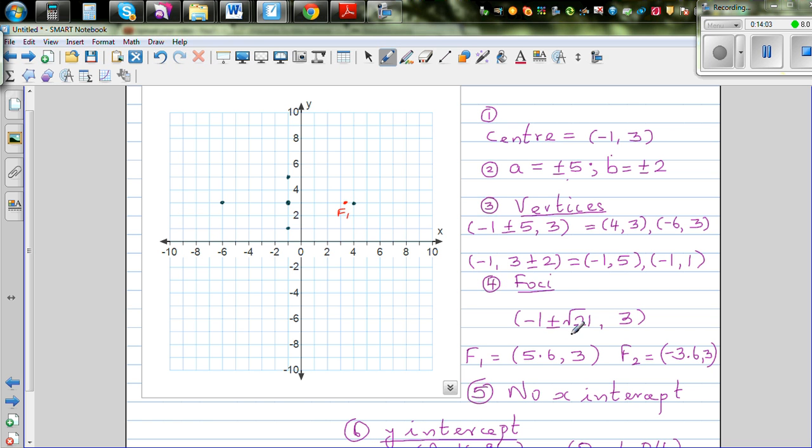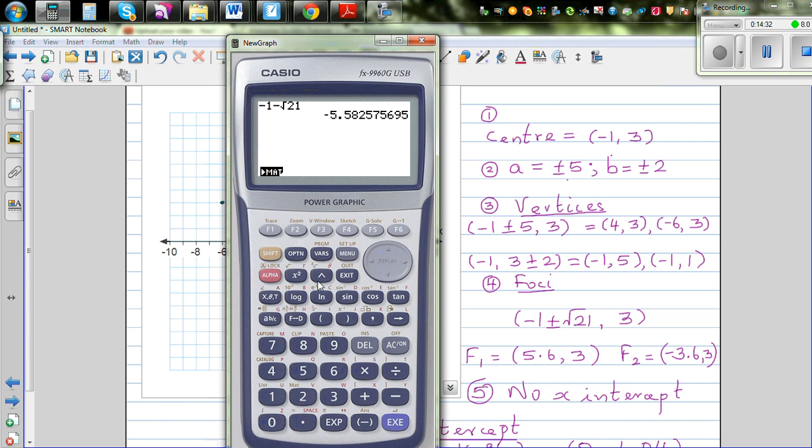And if you go root 21 to the left, you get minus 3.6. Yeah, I think I made a mistake here. So this doesn't make sense. Let me check that.